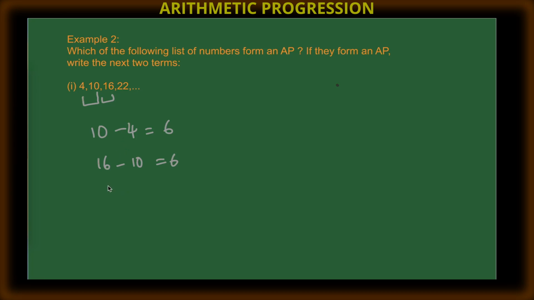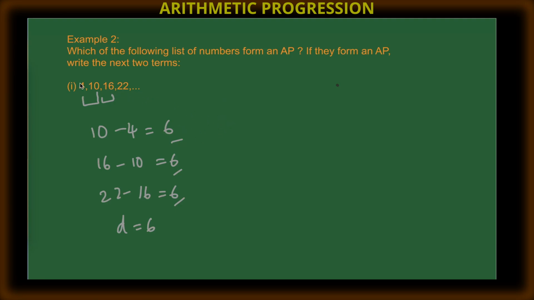Let's take another example, 22 minus 16. What is it? 4 plus 2, 6. So here we can see the common difference is coming as 6. So D is 6. Okay students, from this we can see that it is an arithmetic progression.